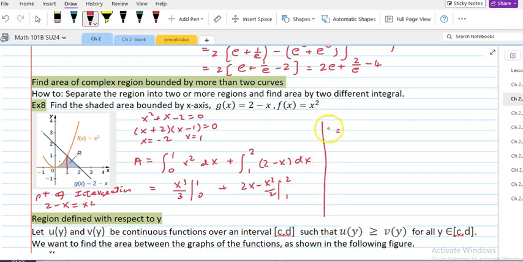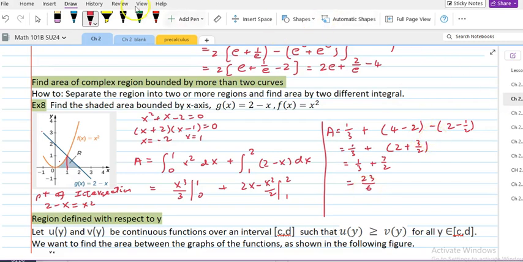So that would be equal to 1/3 plus, let's say 2 times 2 is 4, 4 minus 4 over 2, minus 2 minus 1/2.